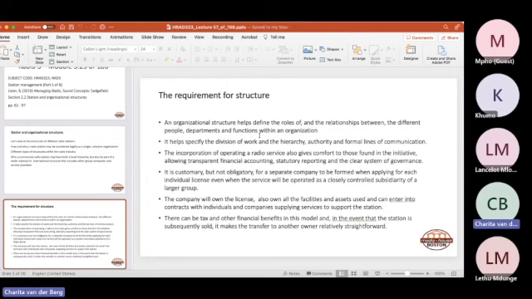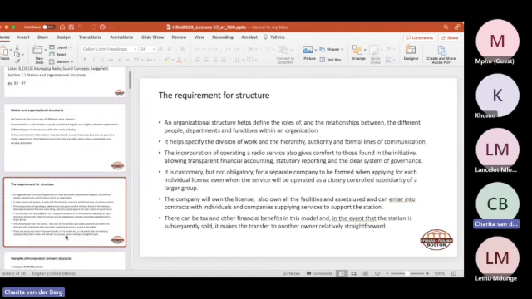An organizational structure helps to define the roles and the relationships between the different people, departments and functions within an organization. It helps you understand the hierarchy, the authority and the different lines of communication. It helps with transparent financial accounting and statutory reporting and understanding the system of governance. So it is an important function to have.